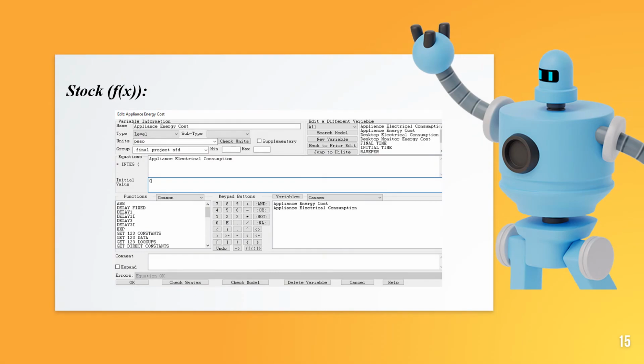The stock will be the appliance energy cost, which will have an initial value, or starting value, of 0. This will be changing over time as long as the appliance is being used. So the unit here is peso.